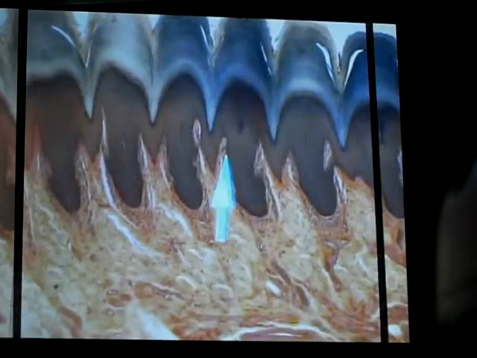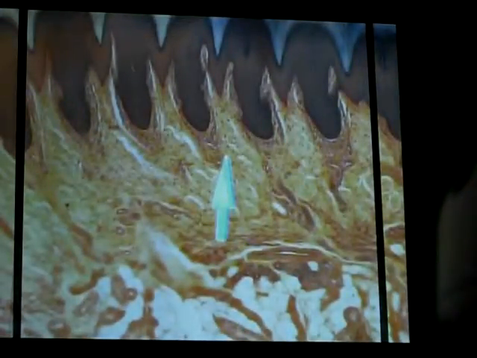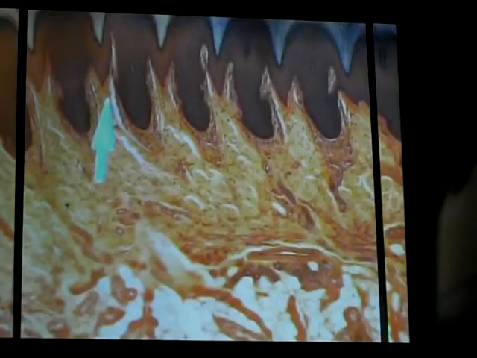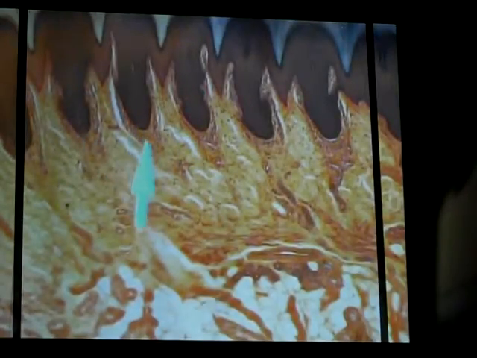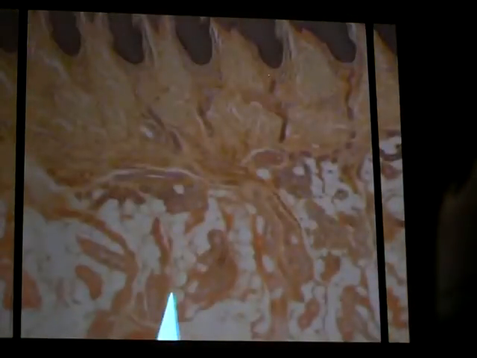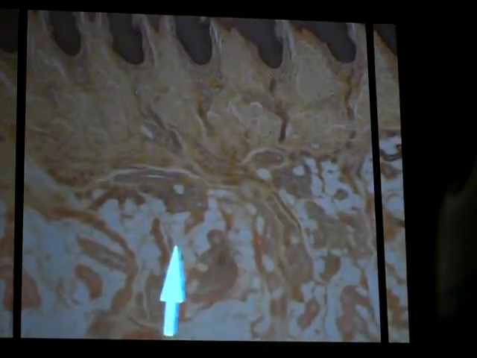Your dermis is divided into your papillary dermis and your reticular dermis. Where you're finding your dermal papillae, that's known as your papillary dermis. And then probably from about here down to here, that's going to be your reticular dermis. Below that, where you see a lot of adipose tissue, that's your hypodermis.